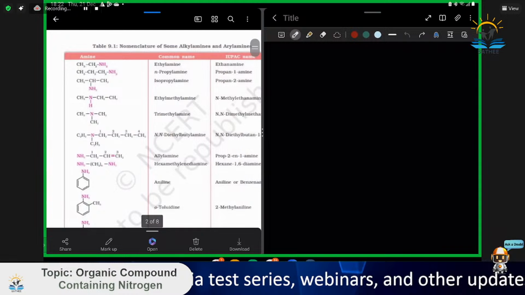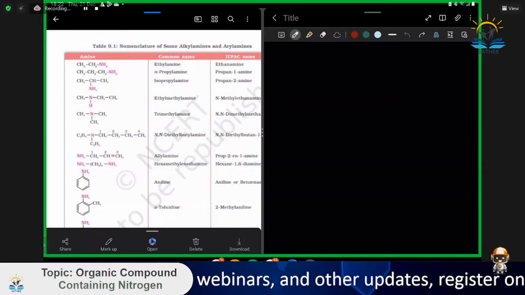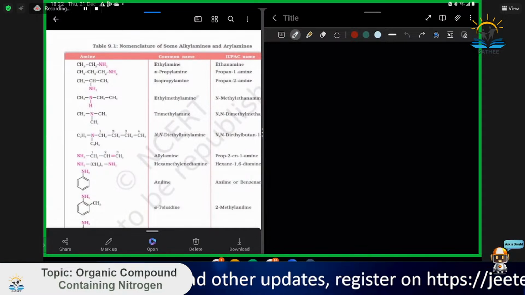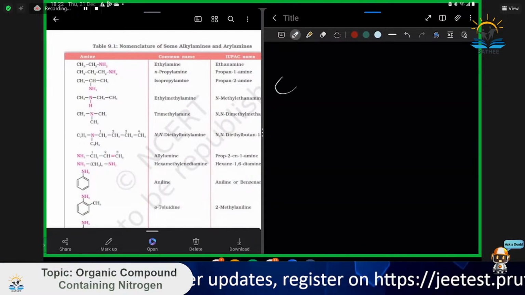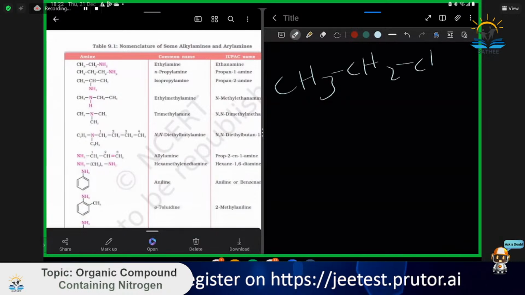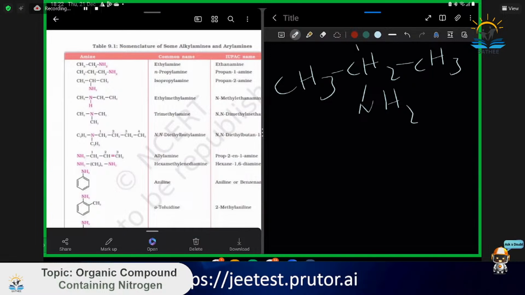So for primary amines, the numbering is like, say, CH3 CH2 CH3 and NH2, your numbering starts from here, 1, 2.